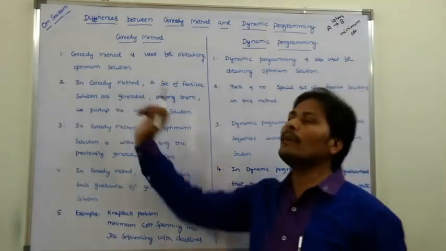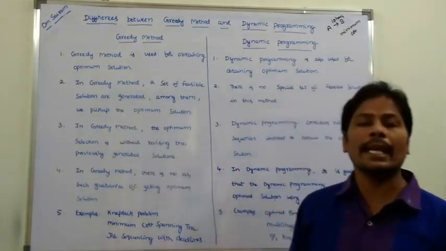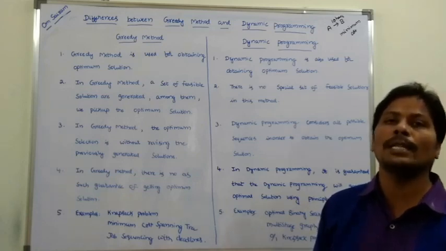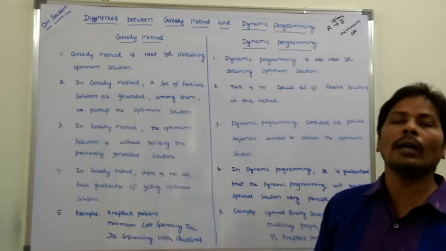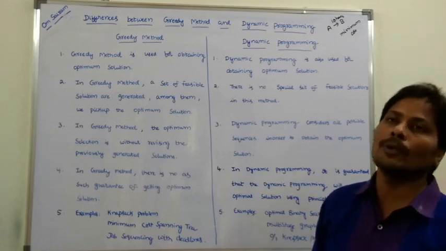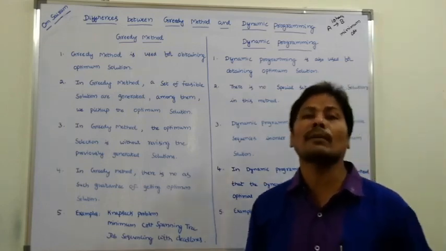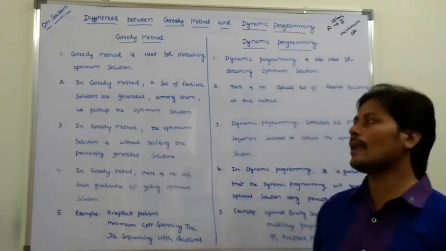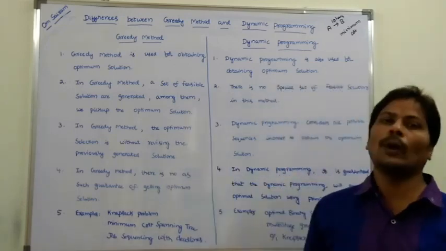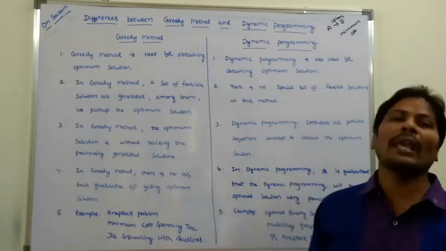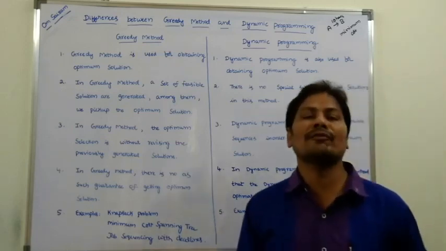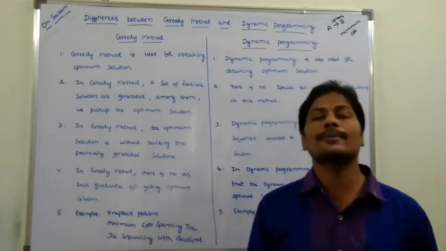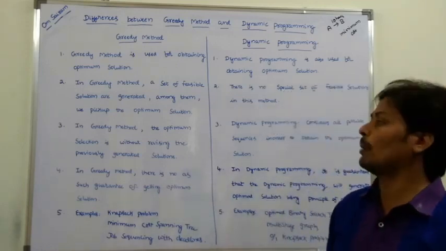Next, in the greedy method, first we take a problem and find all feasible solutions. Among them, the feasible solution that has the maximum or minimum result is taken as the optimal solution. In dynamic programming, there is no such concept of a feasible solution. We directly calculate the optimal solution to the given problem.